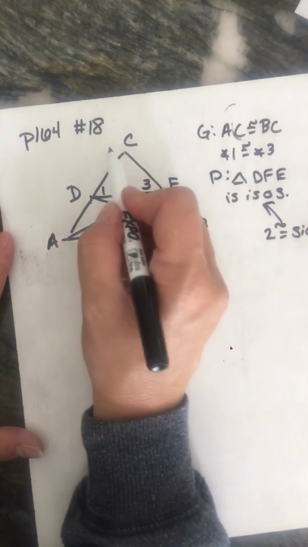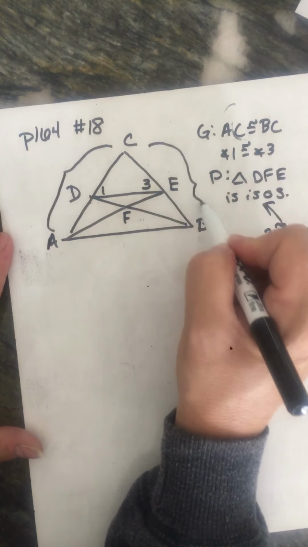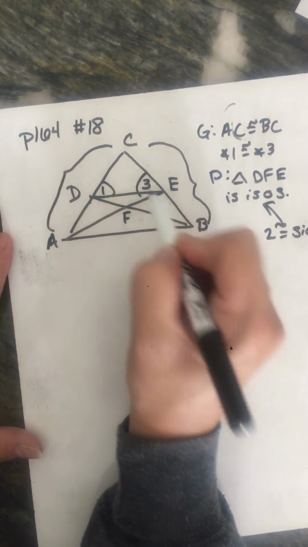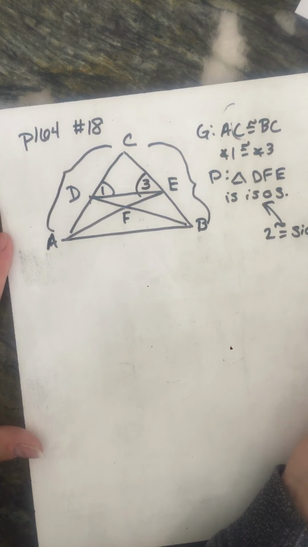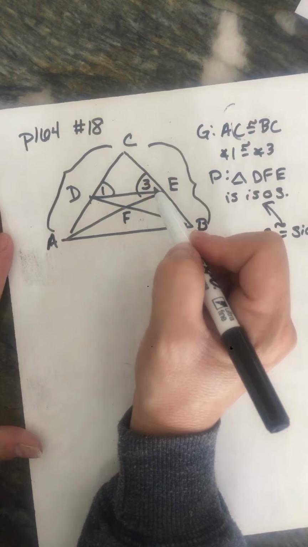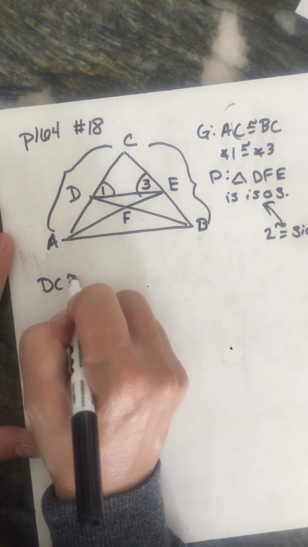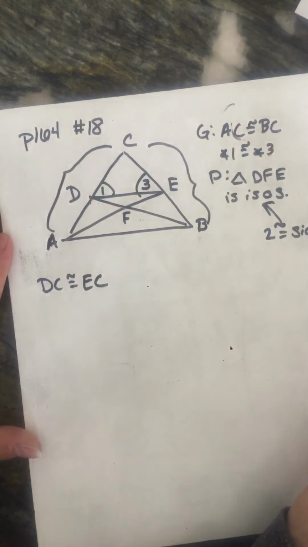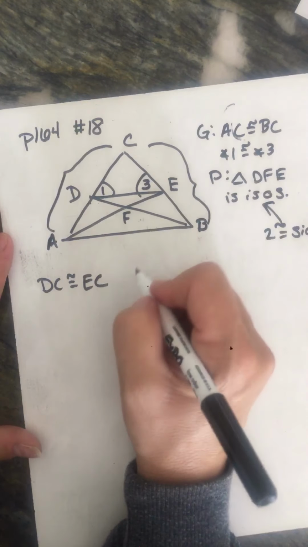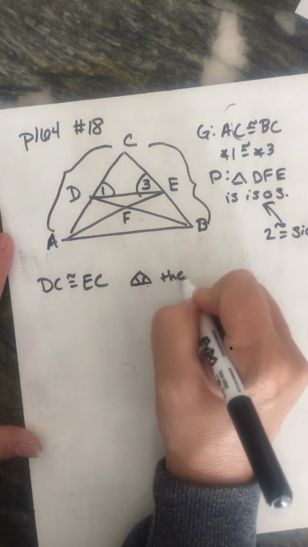Let's mark our picture. This side here, congruent to this side here. 1's congruent to 3. So, if 1's congruent to 3, then we know DC is congruent to EC. I'm just going to do a sketch proof. Because if the base angles are congruent, then the sides are congruent.